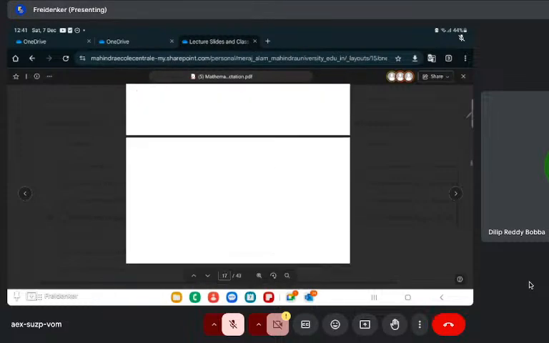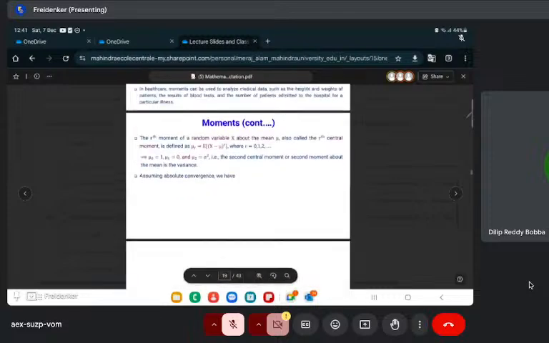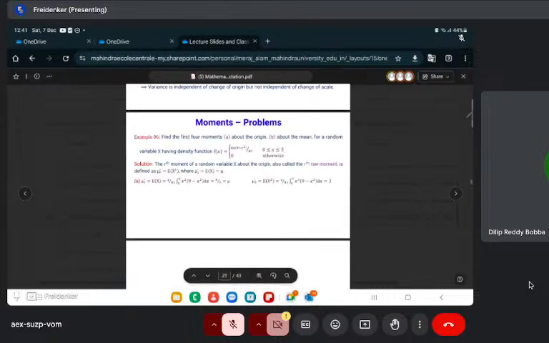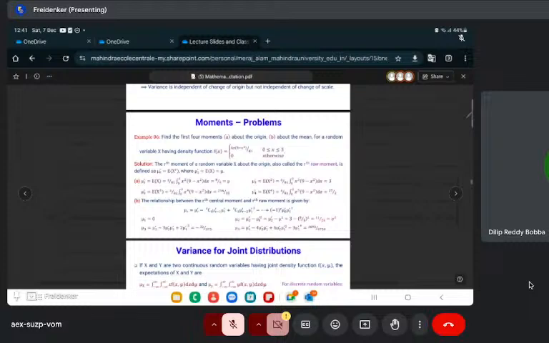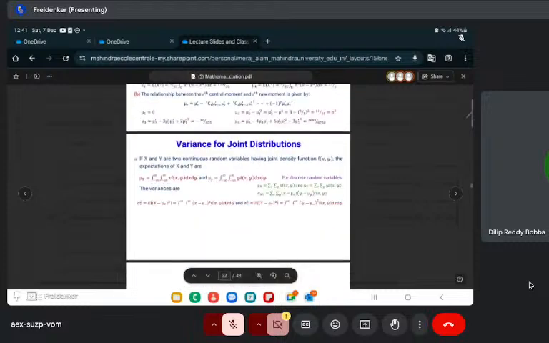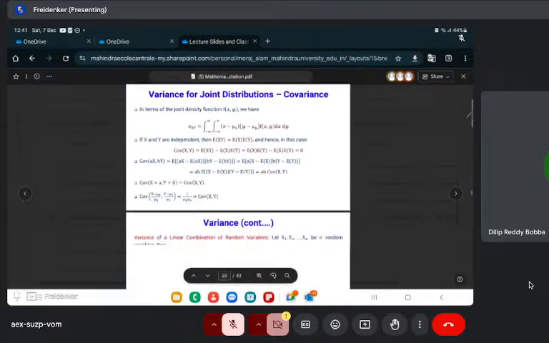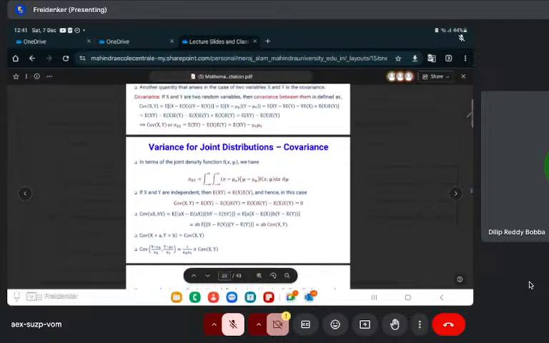It's not here. What is not here? I was searching for what is here? Joint expectations. I saw that somewhere. But before joint expectation, we got joint variance. Okay, so that is called covariance. Fine. So variance of joint distribution is covariance. Nice.